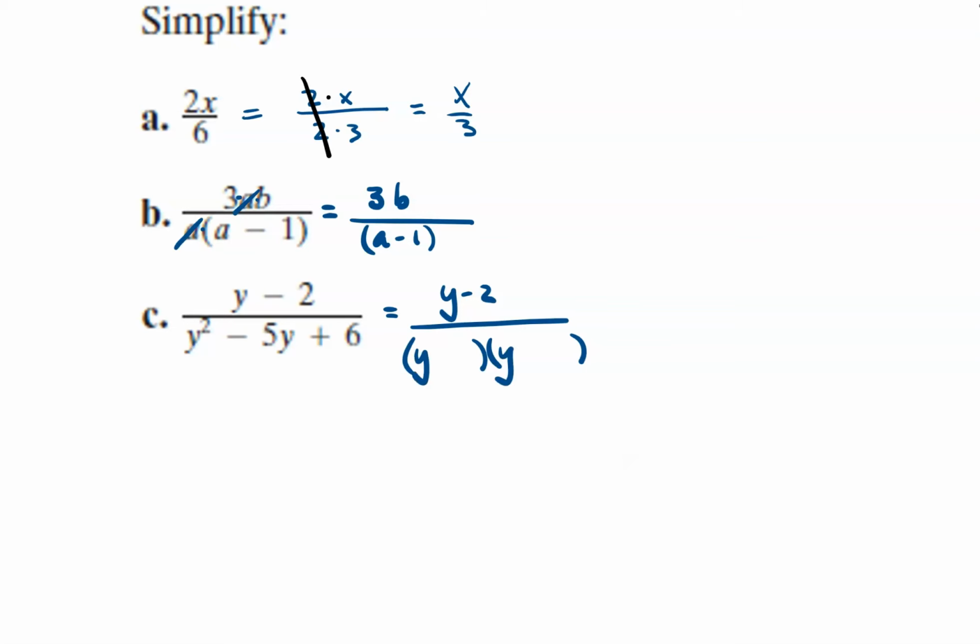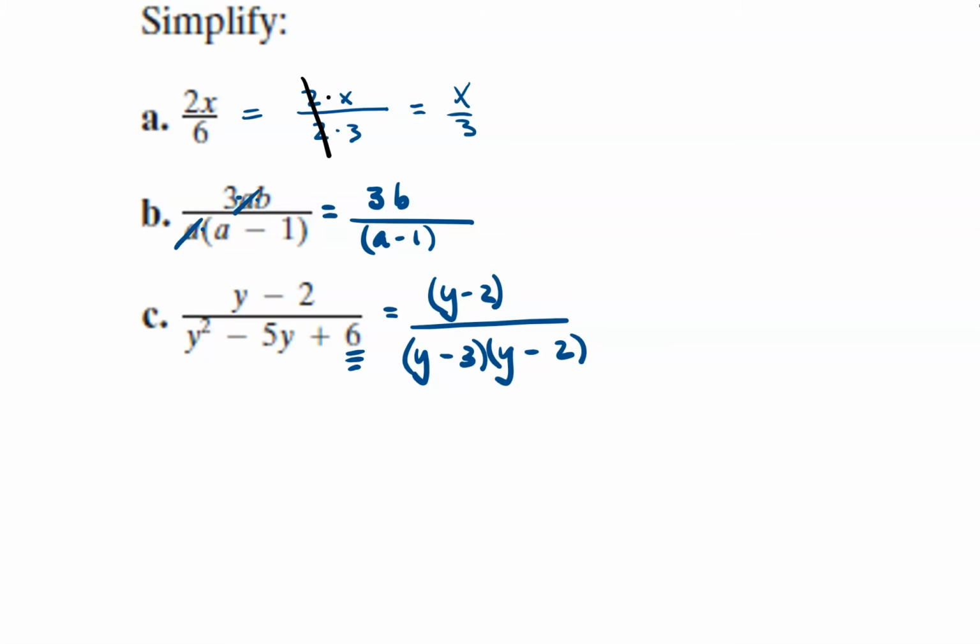So by reporting y, and then I would say 2 and 3, y times y regenerates the y squared, 2 times 3 regenerates the 6, and if I go with a -2 and a -3, then in the process of this distribution, -2 minus 3 also produces our -5 while still multiplying to make the +6. So this is the factored form.